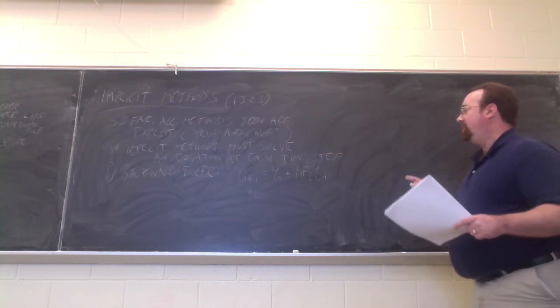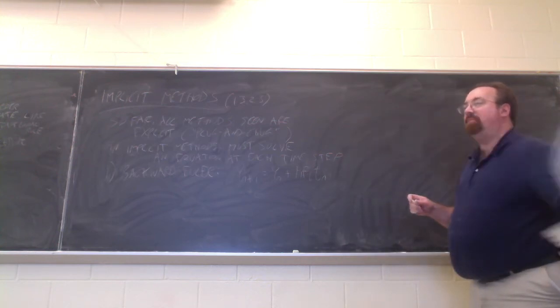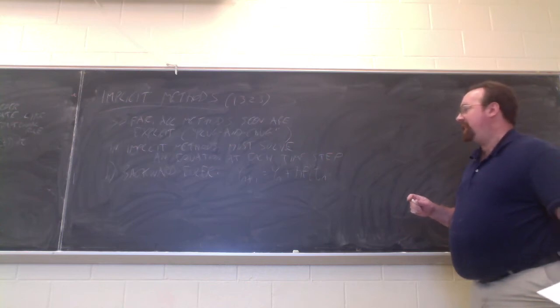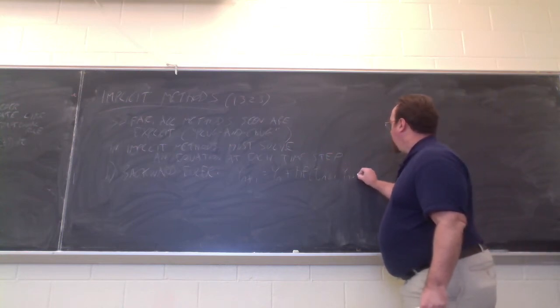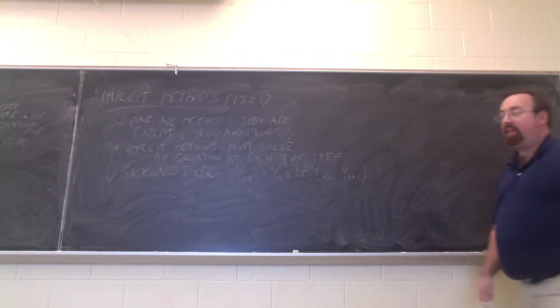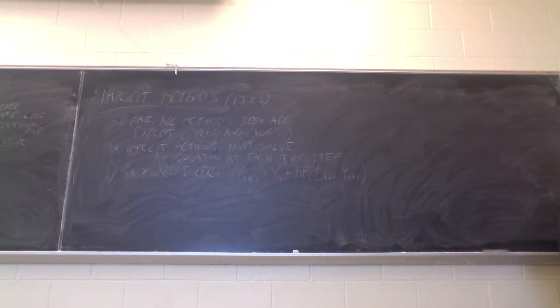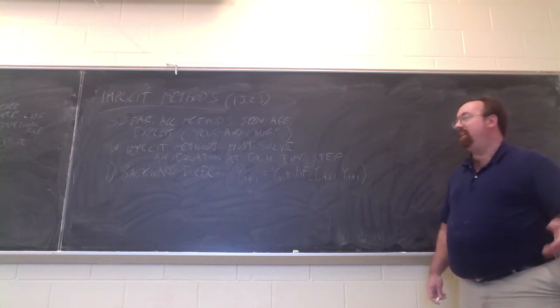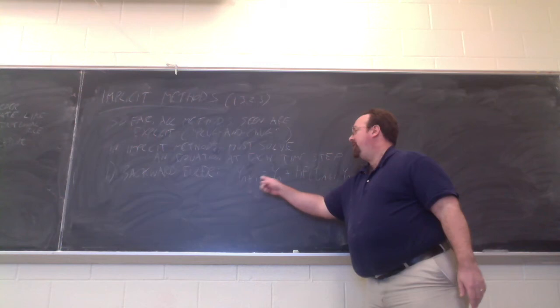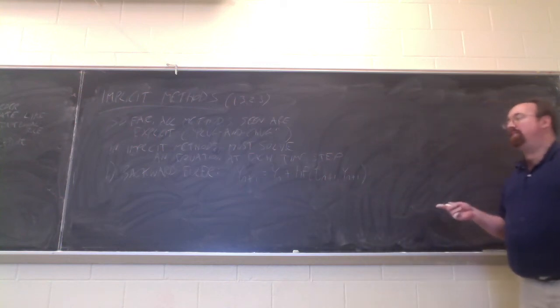But in backward Euler, instead of evaluating f at the left endpoint of the interval in time, we're evaluating at the right endpoint, so tn plus 1, yn plus 1. So what are you trying to compute, though? The output is yn plus 1. So now it appears on both sides of the equation. So you have to solve for this somehow.